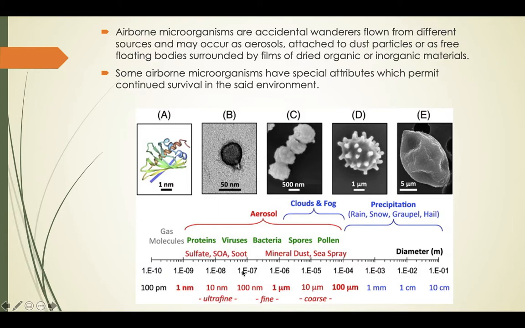So the diameter is very small, and if you consider air as an important transmission matrix, then understanding how they can be transferred or how they can become airborne is very fundamental, especially for cases of epidemics or outbreaks. It's very important to understand how pathogens actually develop adaptations in order to be airborne, right?